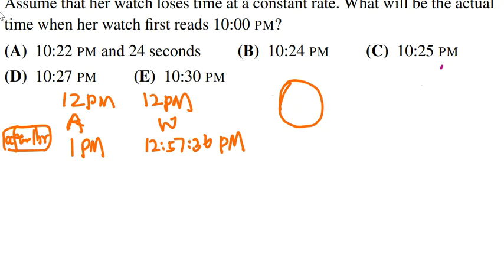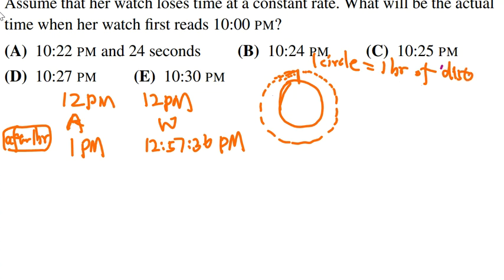Even if it is a digital watch, you really should think of it this way too. So one circle of this perfect watch, the actual time will be one circle. One circle is 1 hour of distance. Actually, this is a distance. But her watch goes like this.